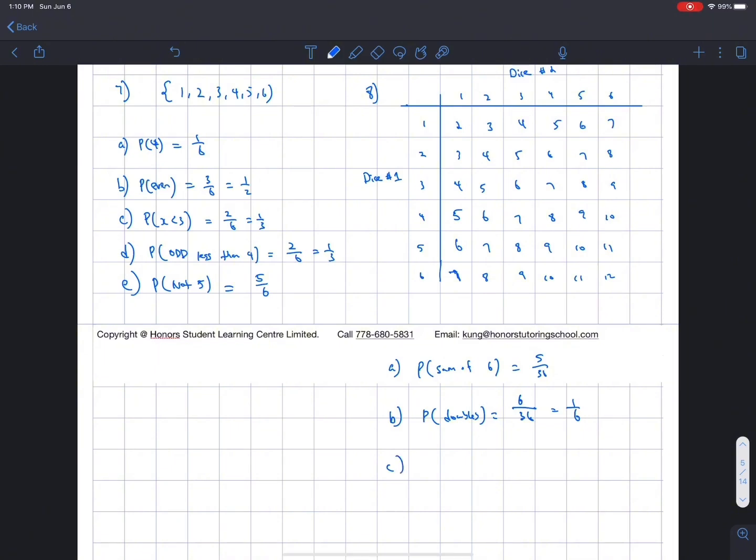C. We want the probability of a sum of 7 or 11. So these are the 7s, and these are the 11s. If we add it up, we get 8, and then we can divide both by 4 to get 2 over 9.